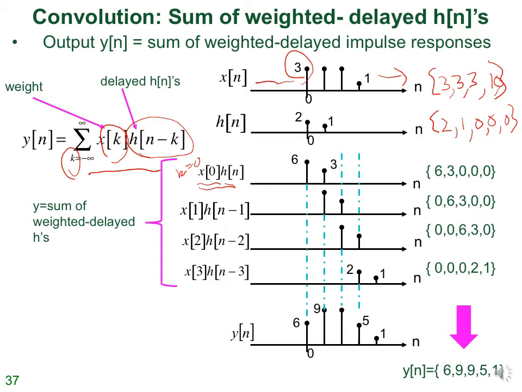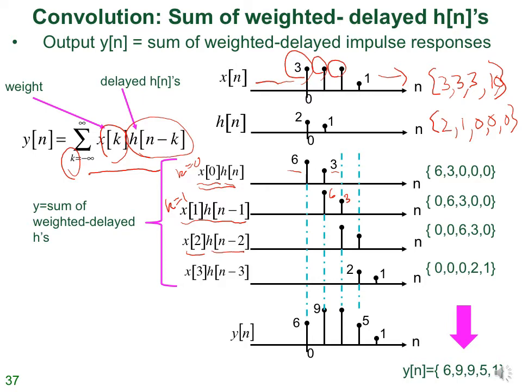At k equals 1, I have x of 1 times h of n minus 1, and so now the weight is 3 again, but now it's shifted 1 to the right, so I have a 6 and a 3 again. x of 2 is shifted 1 more to the right, x of 2 is a 3 again, and so I get a 6, 3 once again.